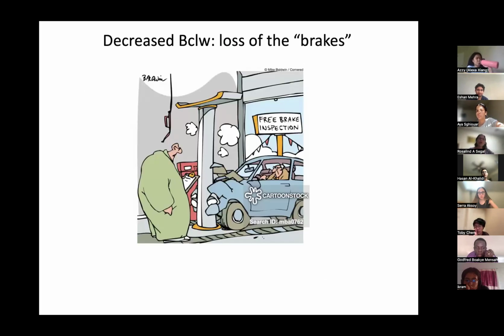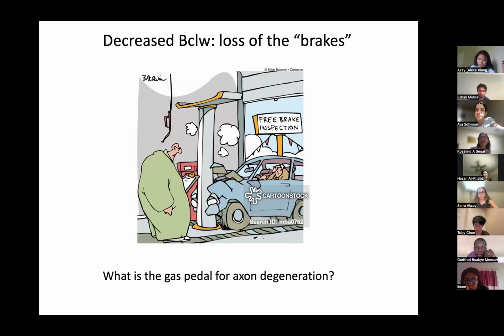So what I've told you thus far is really that there's decreased BCLW with paclitaxel treatment. And this is really taking away the brakes that normally would stop axons from degenerating. So is there a gas pedal for axon degeneration?